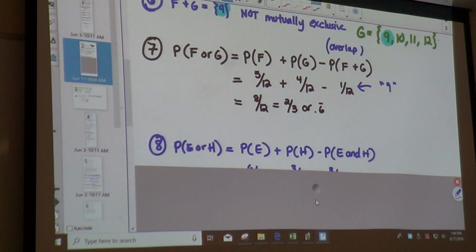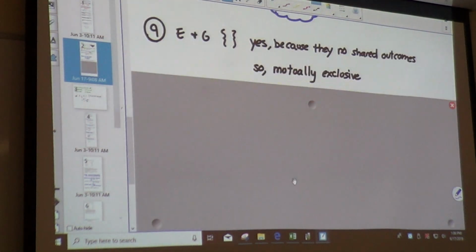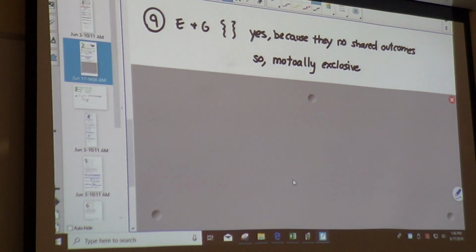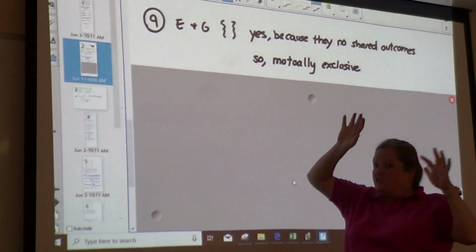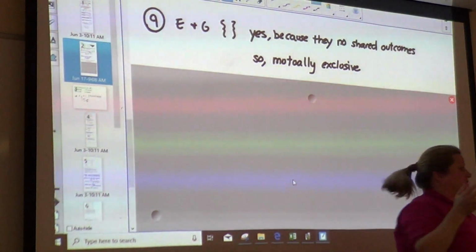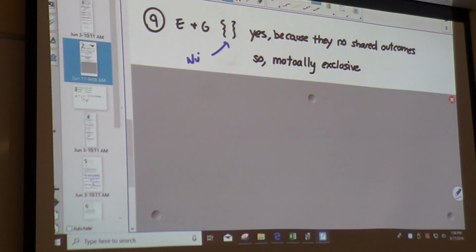Or did I skip one? Oh, I skipped one. Hold on, I'll come back to that one. For that one, you put, it's called the null set. You put squiggly lines with nothing in it, meaning there's nothing they have in common. That one's called the null set. Well, I don't have to know the name, but I'm going to tell you the name. Meaning they have nothing in common.